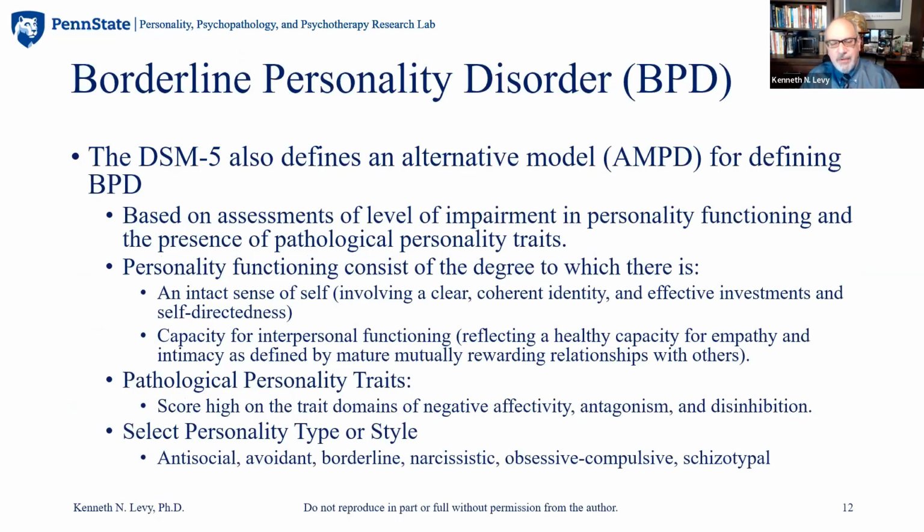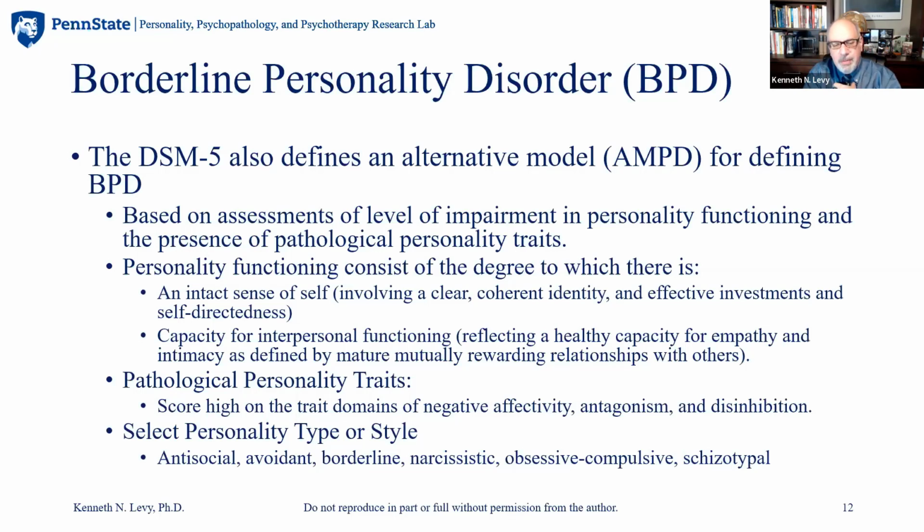Personality functioning is the degree to which the person has an intact sense of themselves, a clear, coherent picture of themselves or identity, that they can invest in various things that they're interested in, and that they show self-directedness.